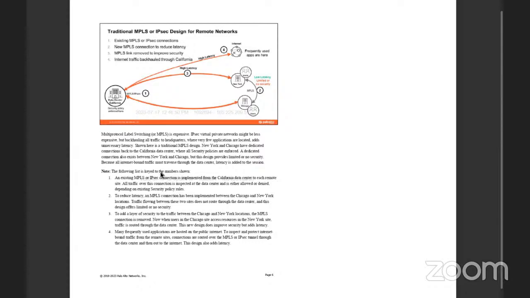This also adds up to the latency. This is also called backhauling of traffic, where the traffic first has to go to the data center every time, where it is inspected, and then it goes to the destination. It is backhaul traffic.